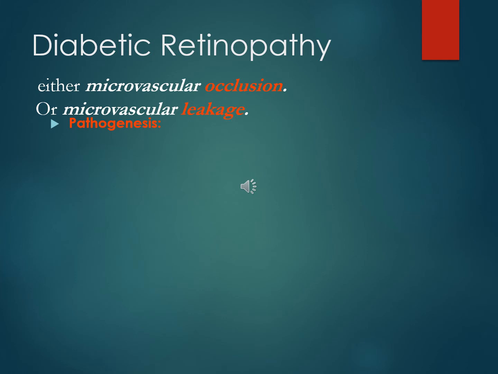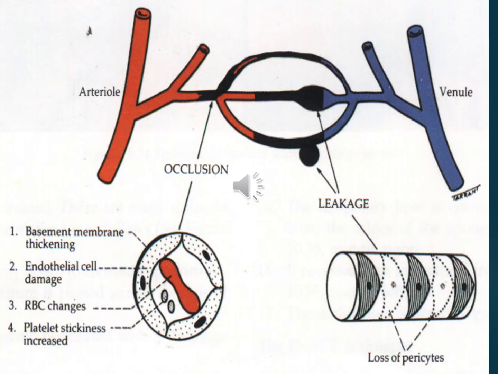فكل ما نشوفه بالدايابيتس بالdiabetic retinopathy هو ممكن يكون sequences of microvascular occlusion and or leakage or maybe due to direct toxic effect on the retinal cell, which may also play an important role as well. All the story with diabetic retinopathy is a consequence of the microvascular occlusion and or leakage.